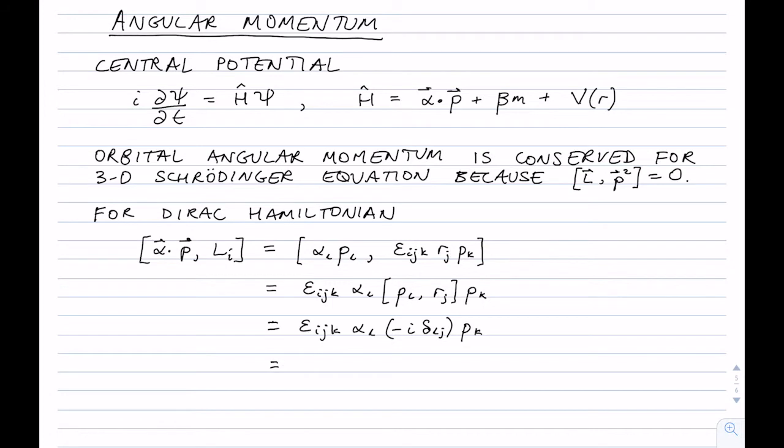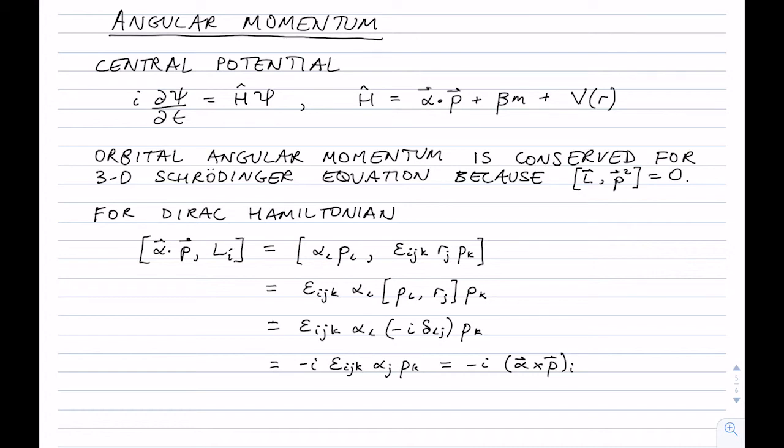And so then we can write that as minus i epsilon_ijk, where l is now equal to j for the non-zero terms. So we can write alpha_j p_k, and that's nothing but minus i alpha cross p in the i direction.